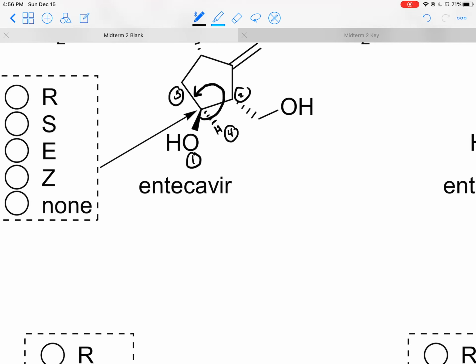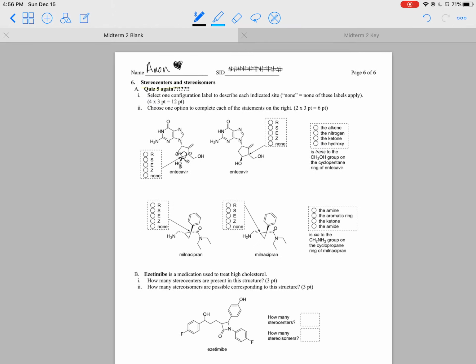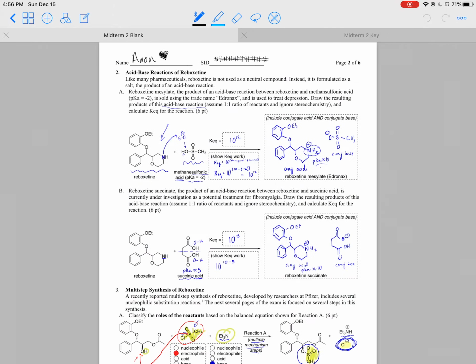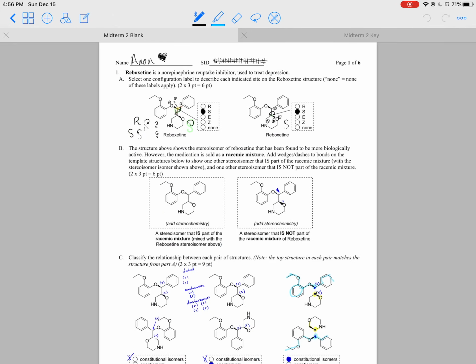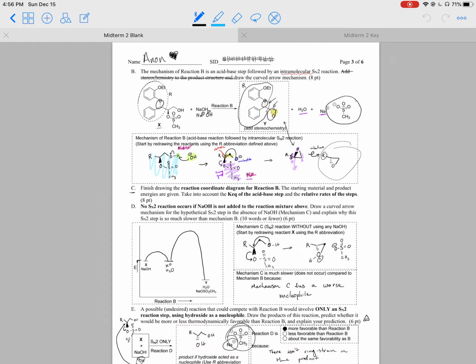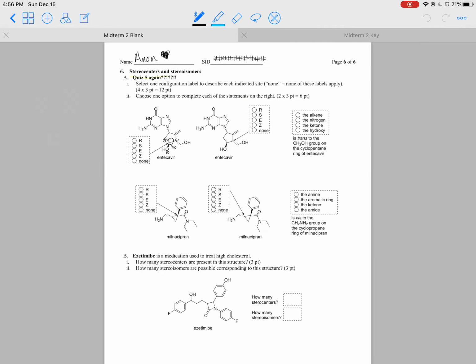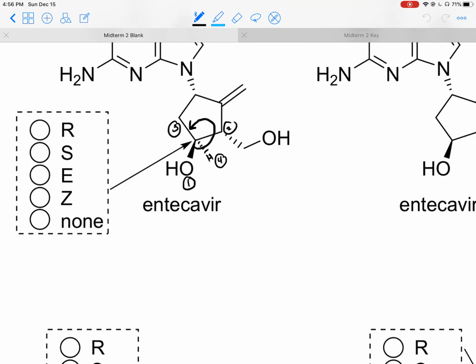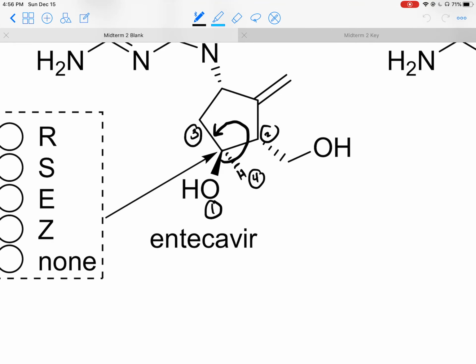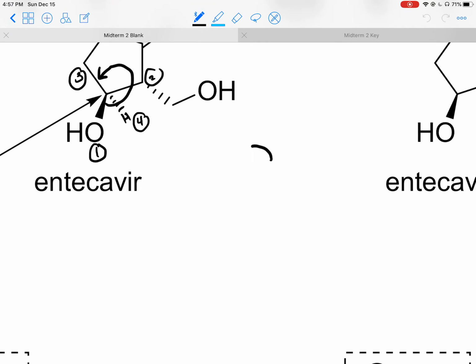If you didn't see my previous video where I explained how to determine R and S, I think it was midterm 2, page 1, I'll re-explain just in case. I basically do it based on the curvature of R and S. S is shaped like this, you draw it like that, and R is shaped like this.